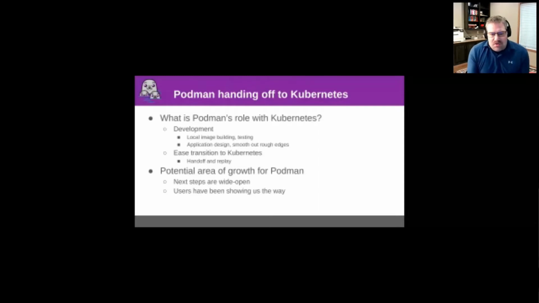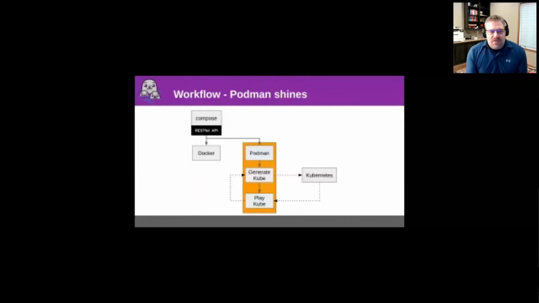I wanted to show an overview of this, and I can come back to this slide if folks have questions. So if we look at Compose, it uses a RESTful API to talk with Docker. That was the original deployment. When we bring Podman into the equation, we can also talk directly with Compose, and Compose can talk directly with us.